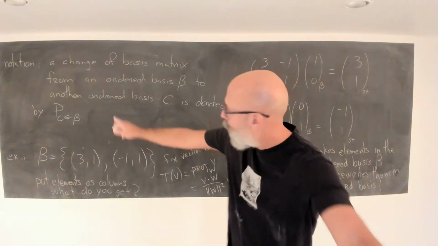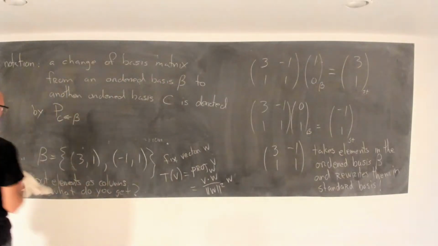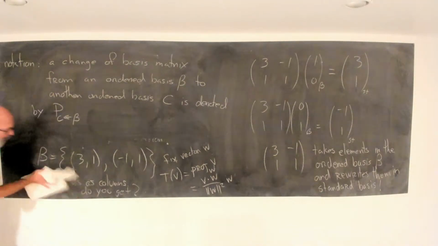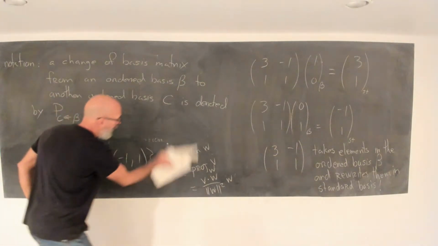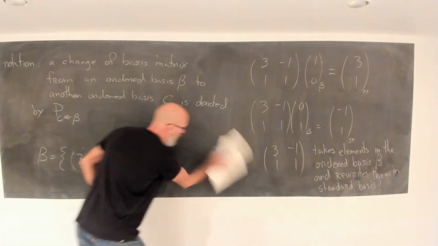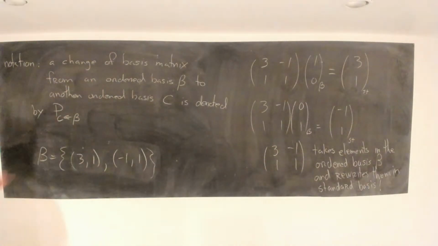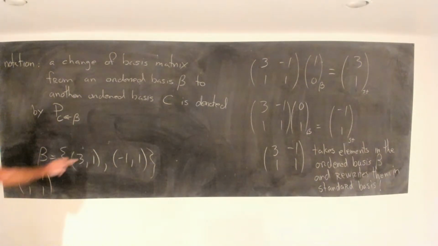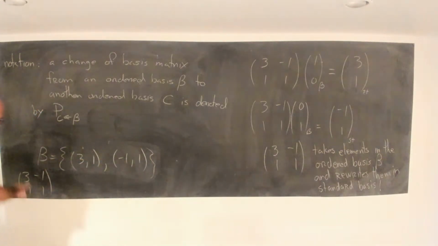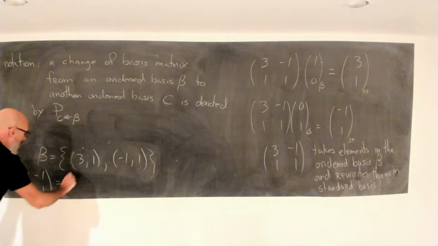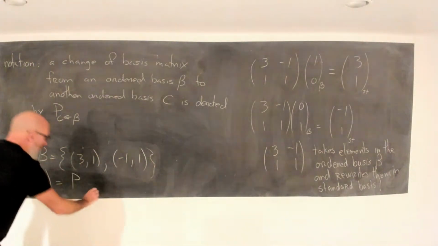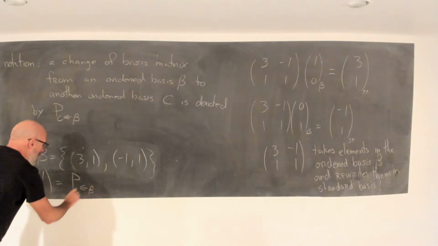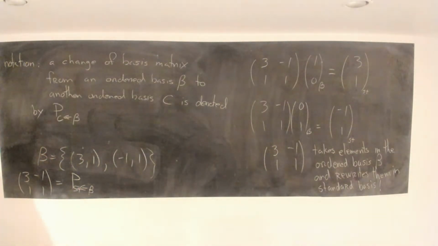So if we're adopting this notation here, if this is B, then the matrix 3, 1, minus 1, 1, in other words, rewriting these as columns, takes elements in the basis B and rewrites them in the standard basis.